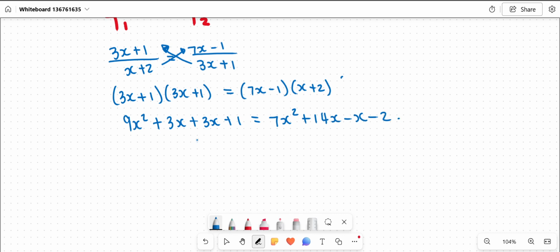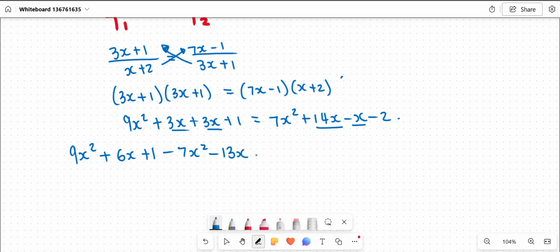Then if you collect your like terms, I'm just going to bring everything to this side. You get 9x squared plus 6x plus 1, which is being subtracted by 7x squared. These are also going to subtract to give me 13, so if it goes to the other side, it's negative 13x.